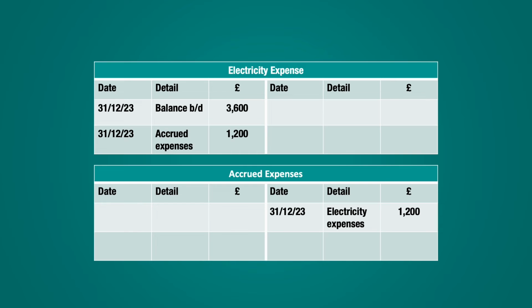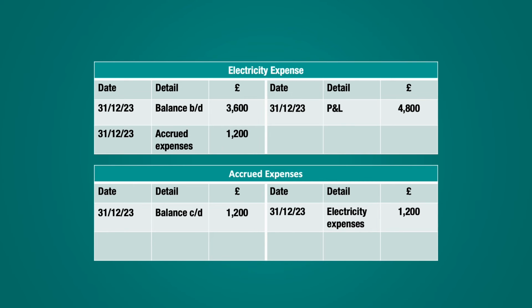We then credit this to the electricity expense account, bringing the balance to zero, ready for the new year, and debit the profit or loss to show the electricity expense for the year. Within the accrued expenses, we simply need to balance off the account, which will be brought down into the next period. So how will this look in the new financial year?